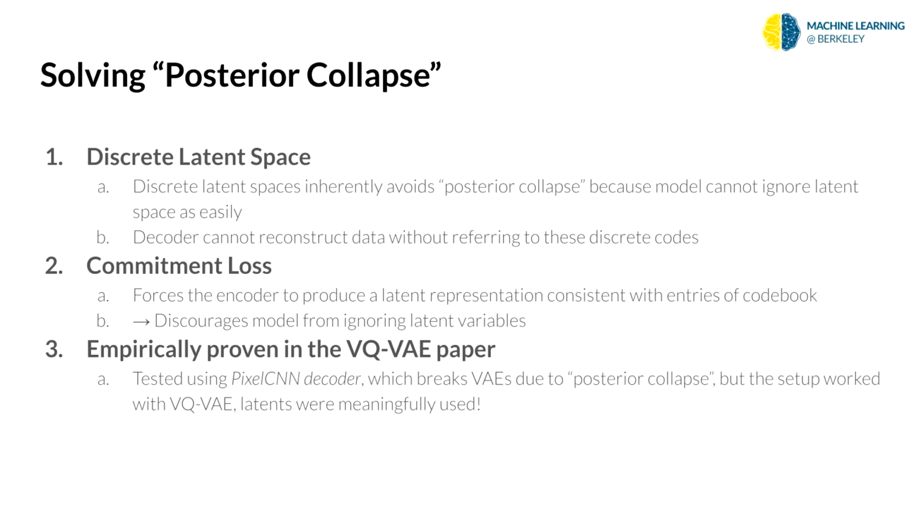To sum everything up, VAE suffers from this problem because when decoders are too complex, the outputs of the decoder will have nothing to do with the inputs of the decoder. But VQ-VAE is able to solve for this by using discrete latent spaces and commitment loss. And so they're able to use any decoder they want, even a very complex, deep-layered decoder. Does that make sense?